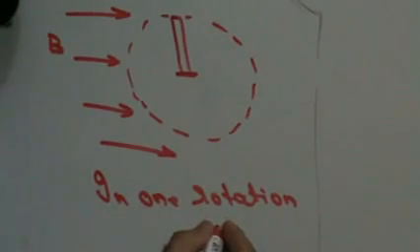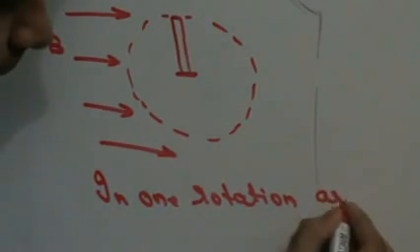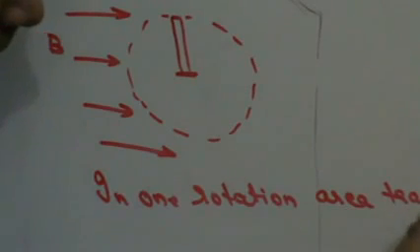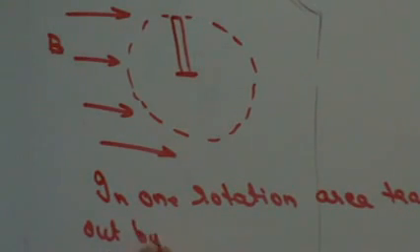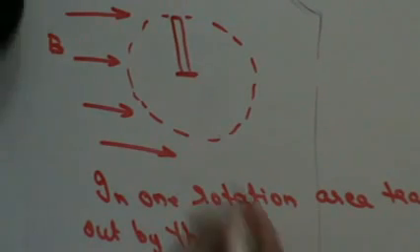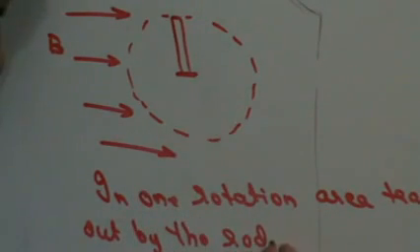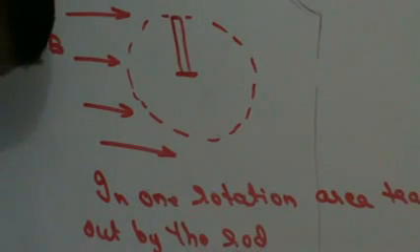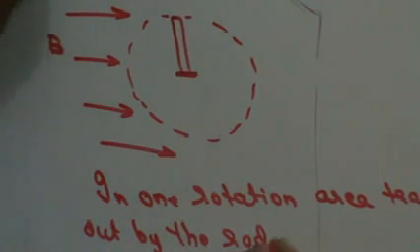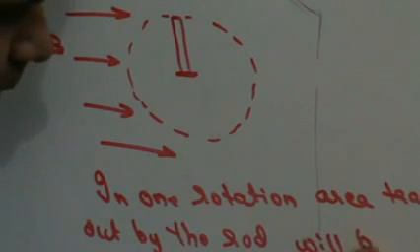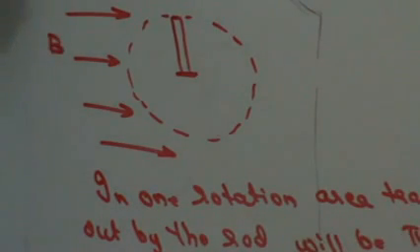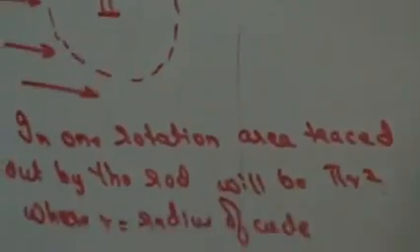In one rotation, the area traced out by the rod will be pi r square, where r is the radius of the circle, right? That will be the area traced out by the rod in one circle.